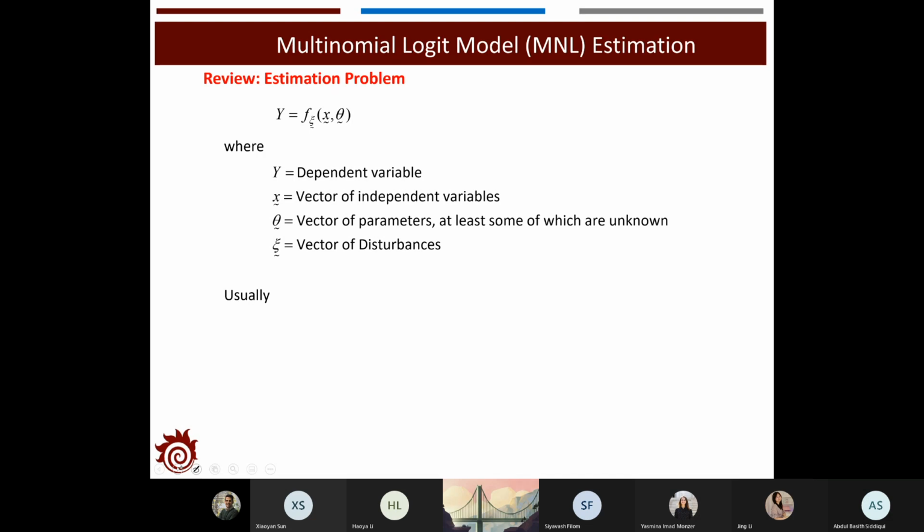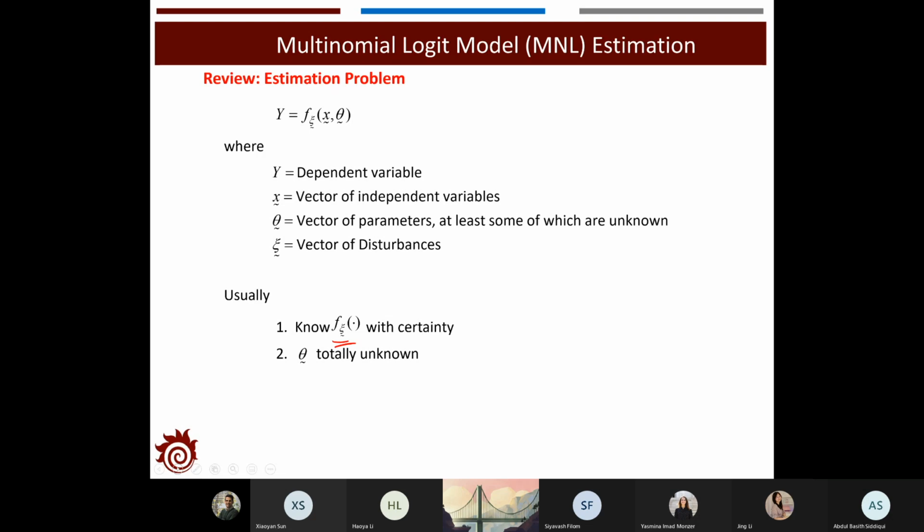And usually what do we know for this equation? We know the functions f. Like if it's a linear regression, we know this is a linear format, and we also know that this function has a random term inside. In addition, the coefficient theta is totally unknown.